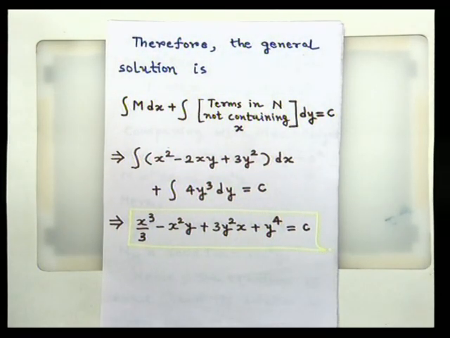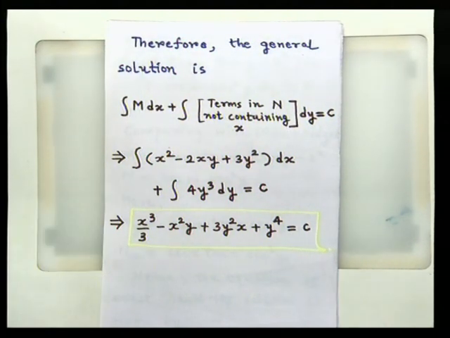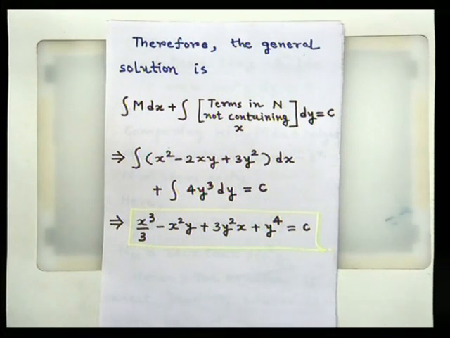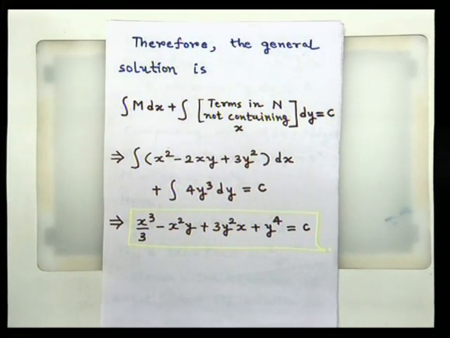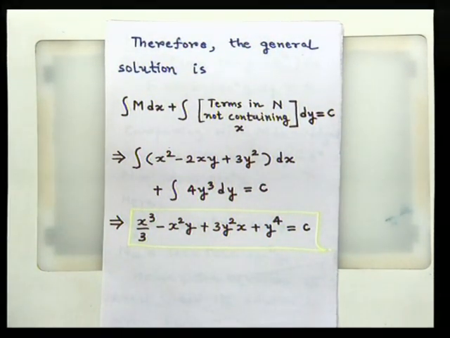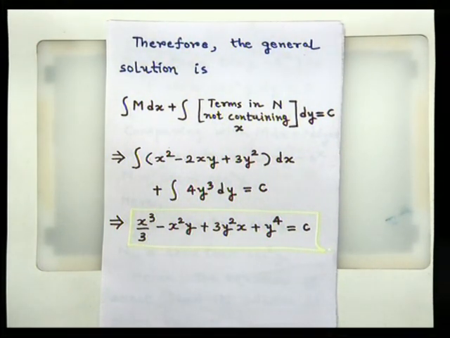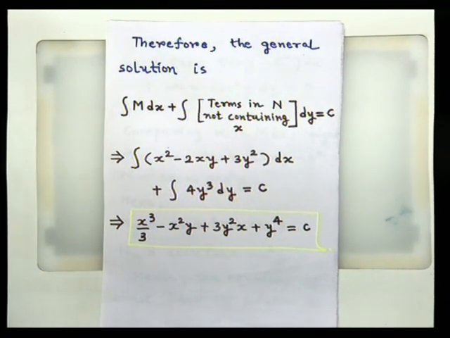So m is x square minus 2xy plus 3y square, so its integration with respect to x, and in this expression of m, wherever there is y, we will treat y as constant, plus integral 4y cube dy. See, you can see in n the only term free from x is 4y cube, so we have considered in the second term integral 4y cube dy is equal to c.